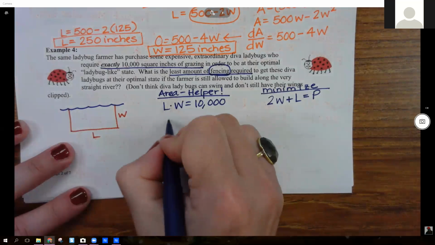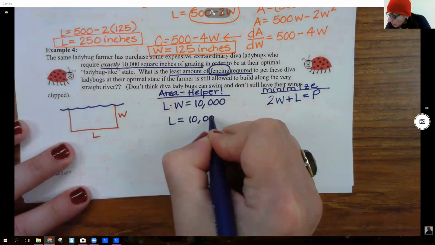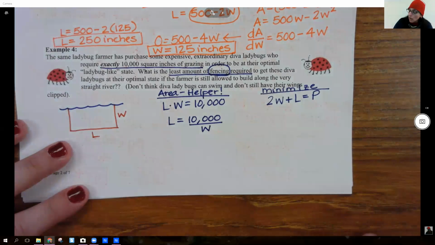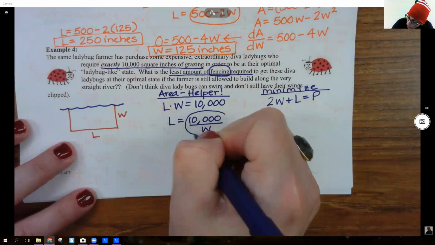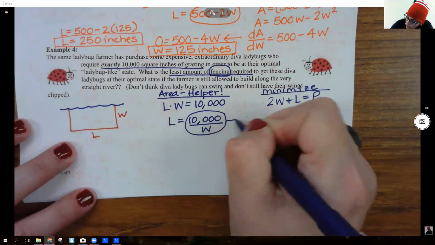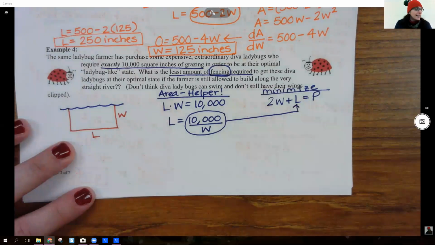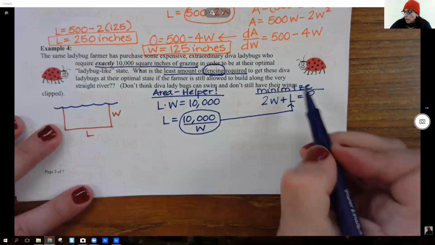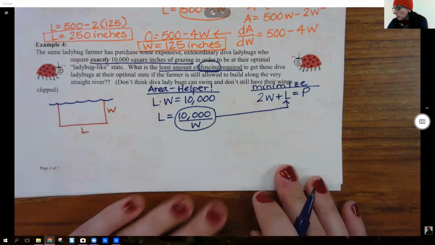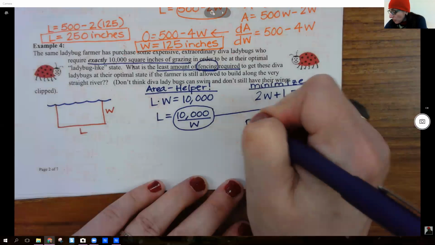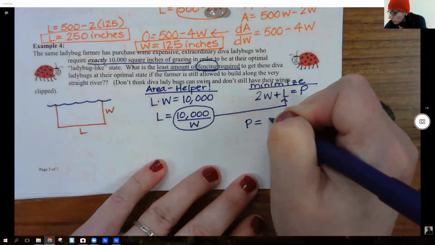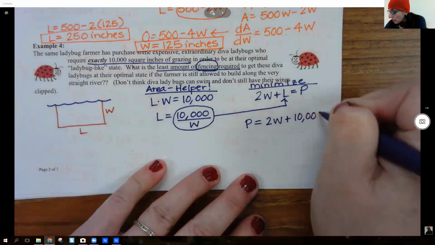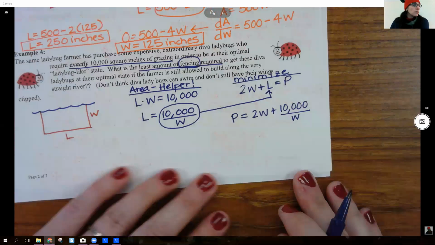All right, so L equals 10,000 divided by W. Everywhere you see an L in the perimeter equation, you are going to substitute in 10,000 divided by W. Now I'm going to put the P over on the other side just because I'm a little OCD. So this is going to be P equals 2W plus 10,000 over W.